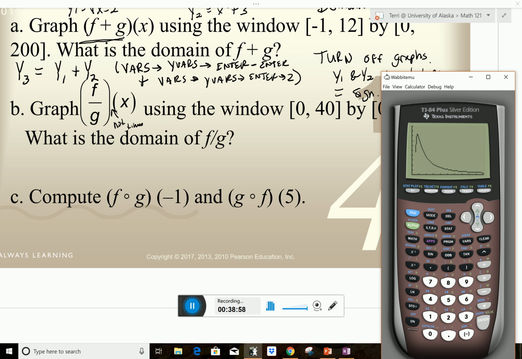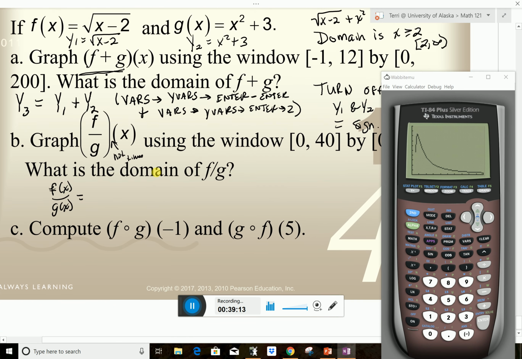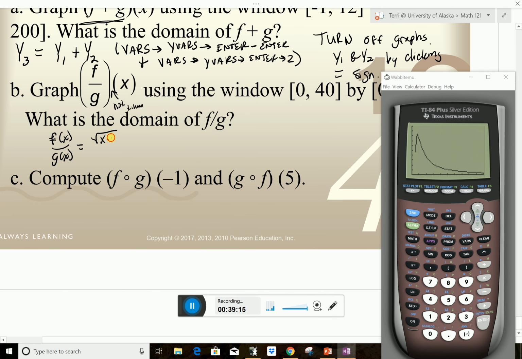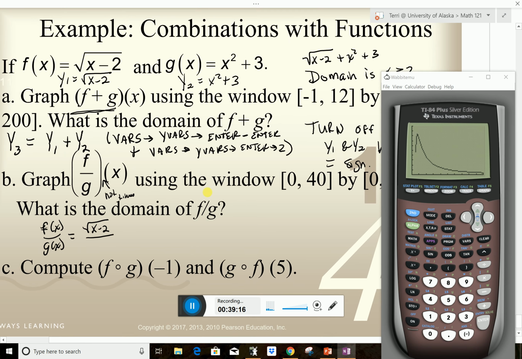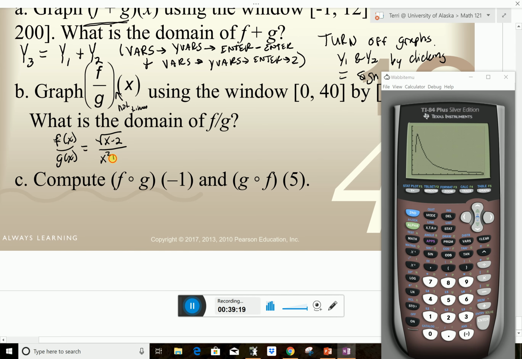What is the domain of this thing? Let's think about what it is. So this is f of x over g of x, which is the square root of x minus 2 over x squared plus 3. So one question that I have for you, can this denominator ever be 0?